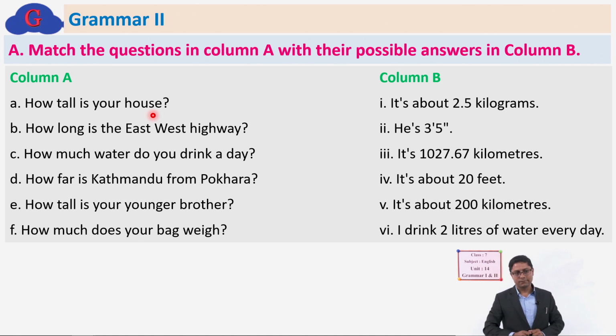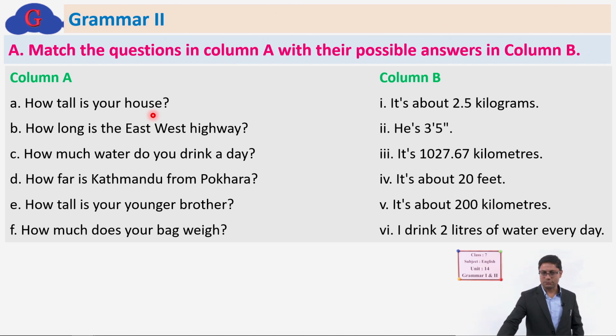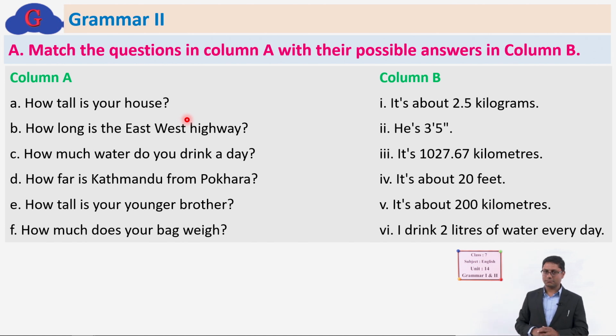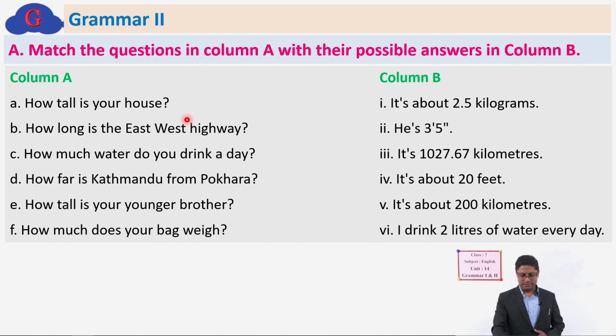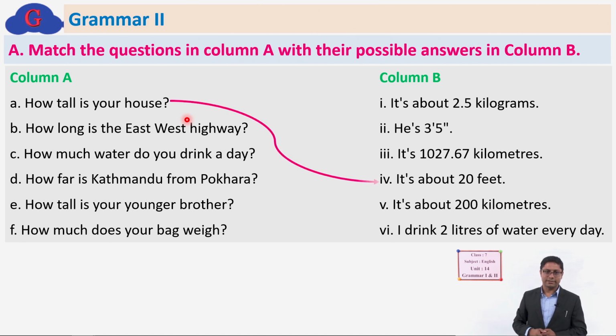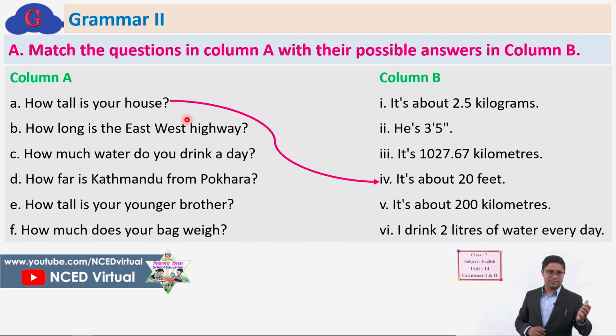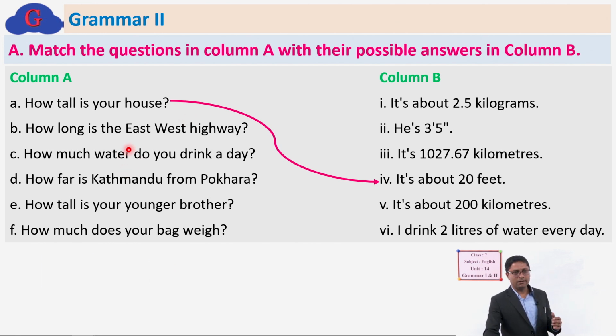Let's do it together. The first question: how tall is your house? And what might be its answer? Exactly. It's about 20 feet. Very good. The second question: how long is the east-west highway?